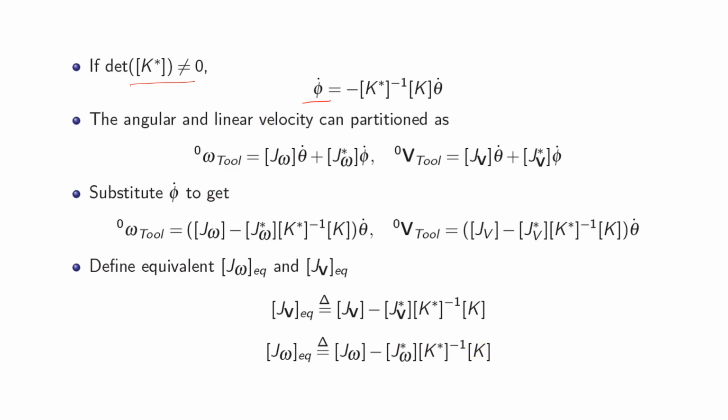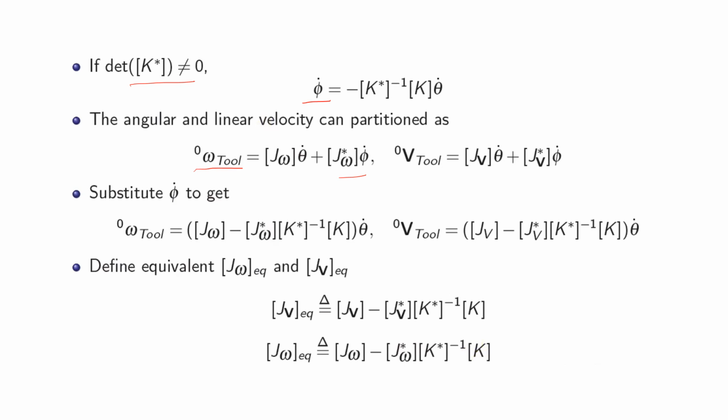Now we can go back to the angular velocity expression, which is omega of the tool frame related to the zeroth frame, and it is partitioned into two parts: one is J omega theta dot, and the other is J omega star pi dot. We can always do this because the linear and angular velocity vectors are always linearly related to theta dot and pi dot.